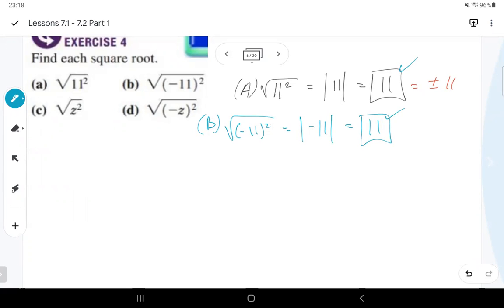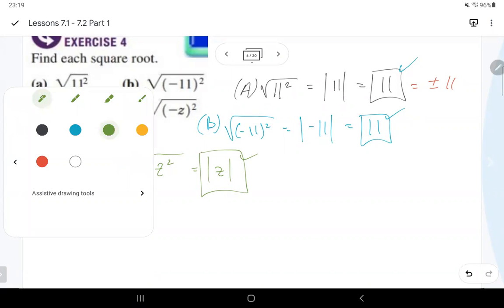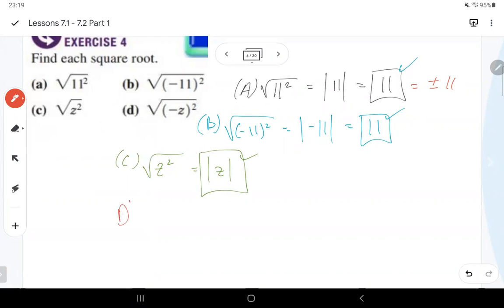Again, I would understand doing the plus or minus, but they don't want you to do it. So z squared is going to be the absolute value of z. And the same for d.